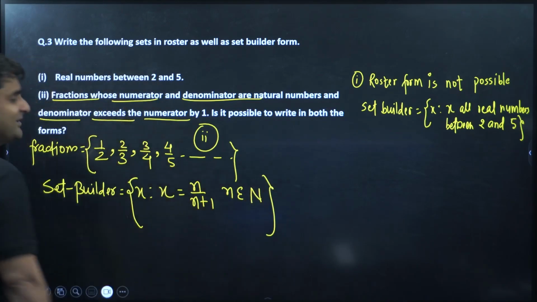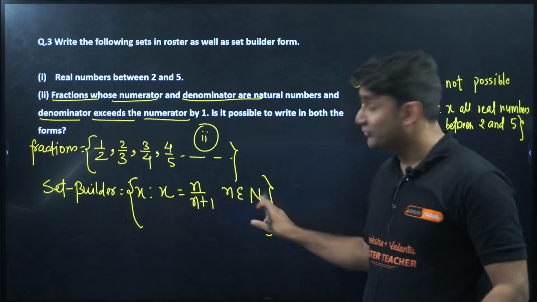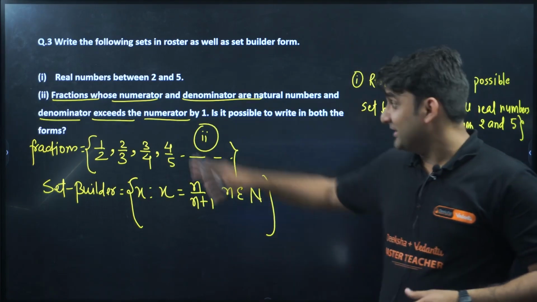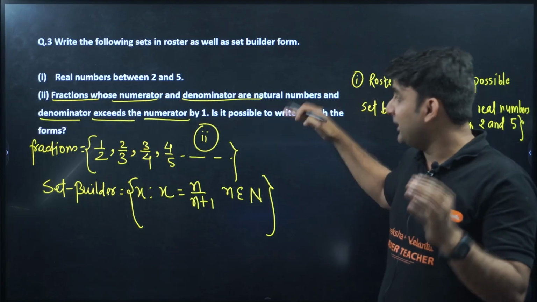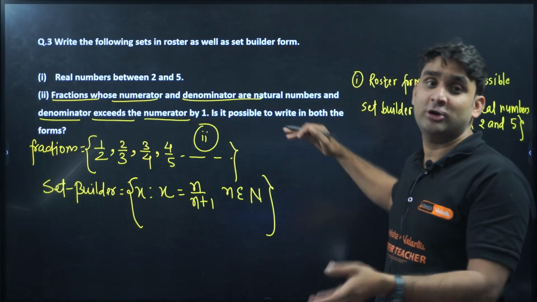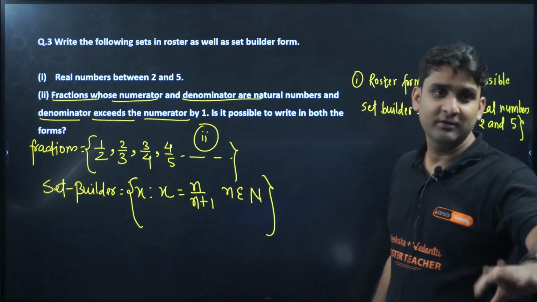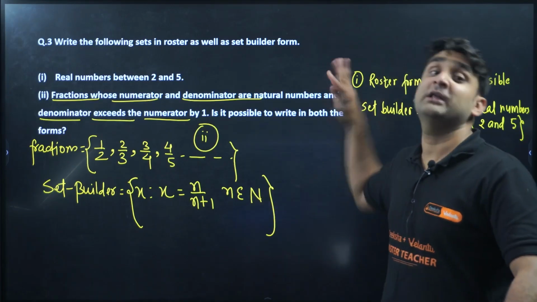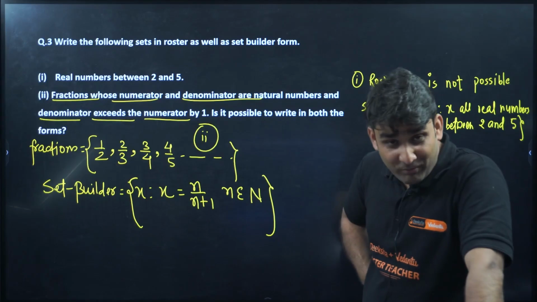This will be the set builder form. There is no capping. Take natural numbers till 10, till 20, till 100, there is no such capping. So we have to include all the natural numbers. So n belongs to natural numbers, and natural numbers start from 1.